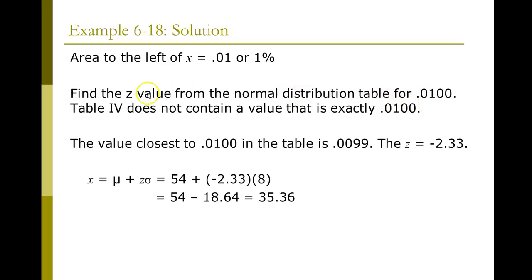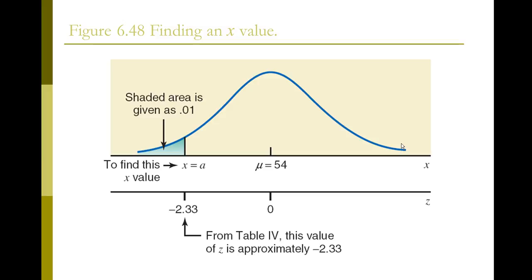And then they say the table doesn't contain 1%, so the closest value in the table is this one, which is pretty close to 1%. And the z value for that is this. So now we know the z value. So going back to this, we know that the z value should be here, so we just need to figure out what's the corresponding x value. How do you figure that out?